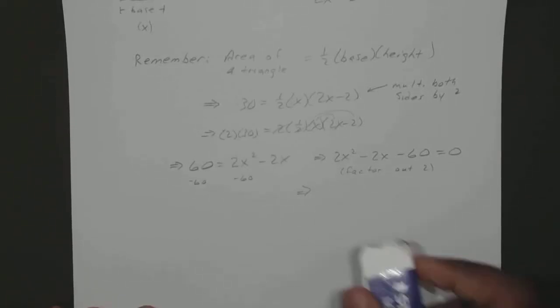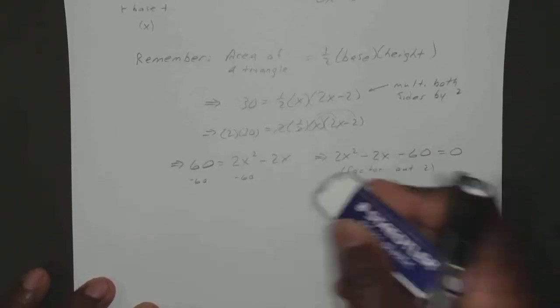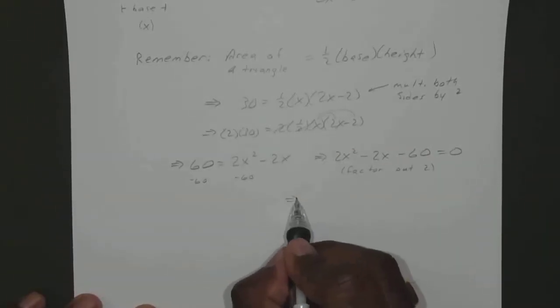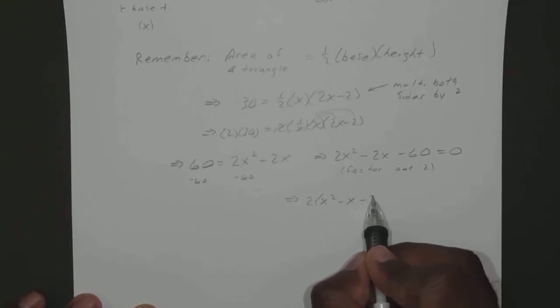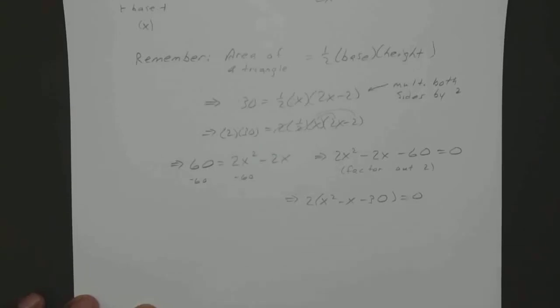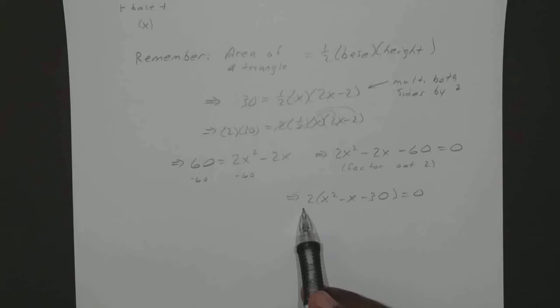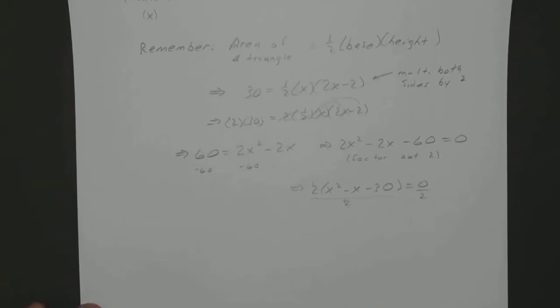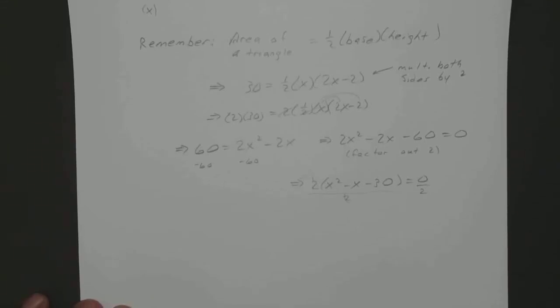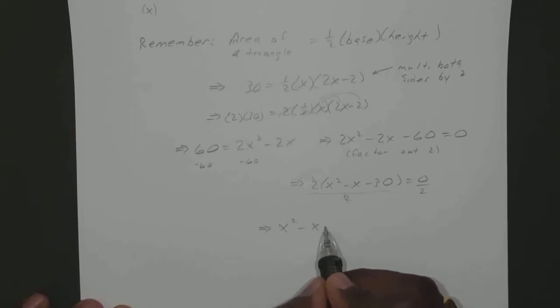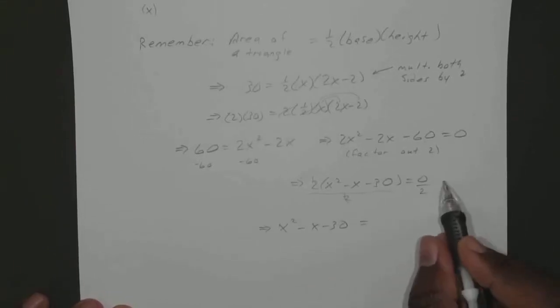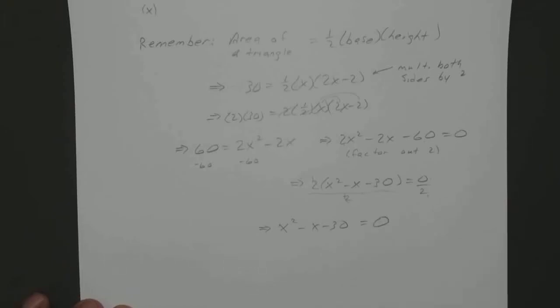So that gives us 2 times x squared minus x minus 30 equals 0. So if we divide both sides by 2, those two would cancel out. And that will leave us with x squared minus x minus 30. 0 divided by anything is just going to be 0.